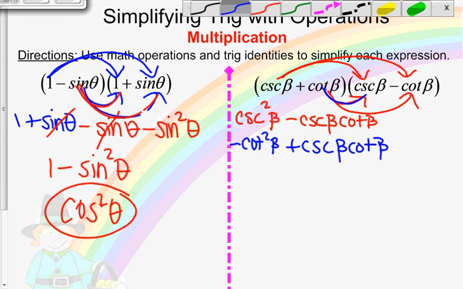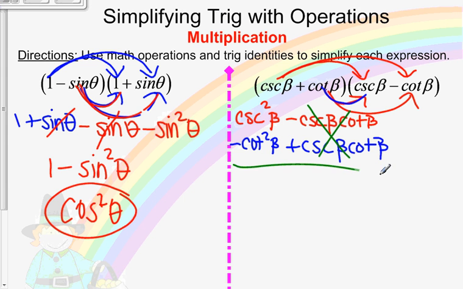Notice that our middle pieces there are going to cancel, and we're left with cosecant squared beta minus cotangent squared beta. Now, these again go back to our Pythagorean identities.